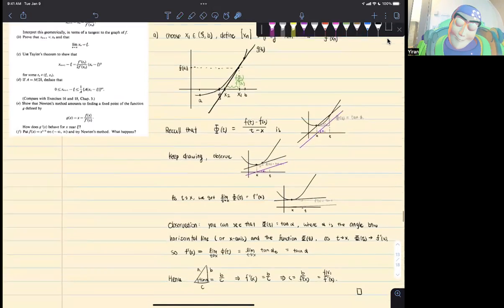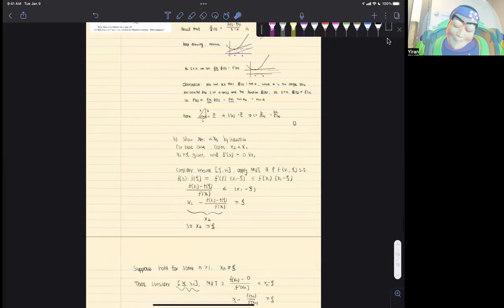And as I write down here, by the mean value theorem evaluating on this interval, there exists a p in this interval (c, x1) such that this equality holds. And then because p is less than x1, we have this inequality. And then by this inequality, and doing some algebra, we can see this is exactly the definition for x2, and therefore we're done.